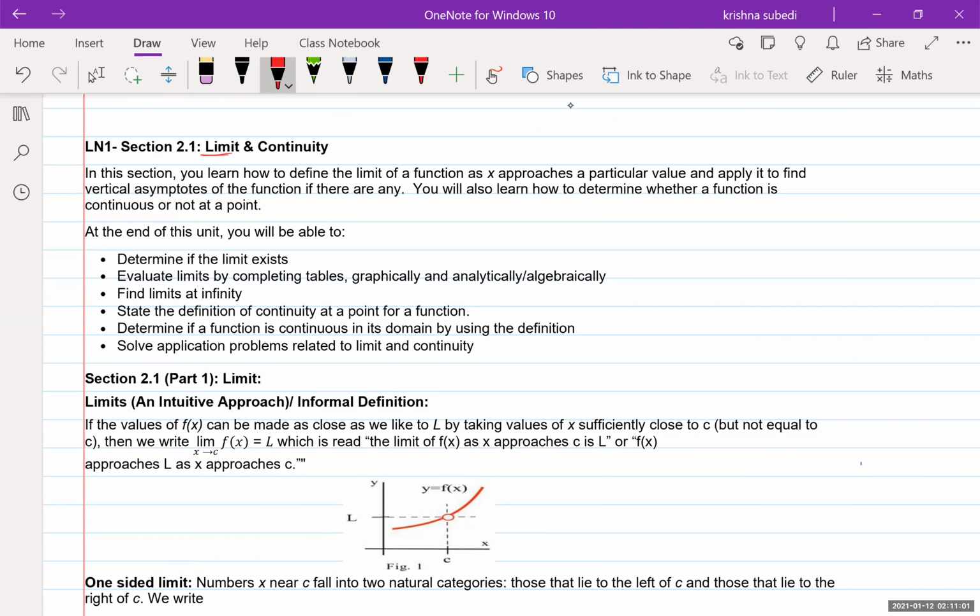So first, limit. Okay, here are the outcomes.